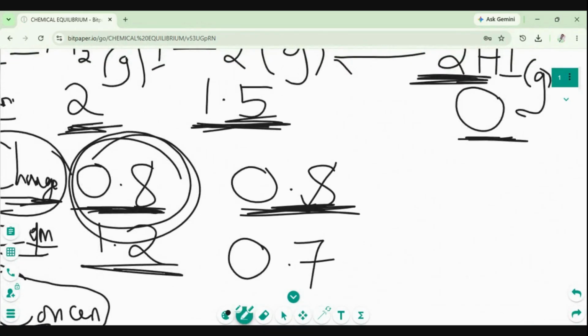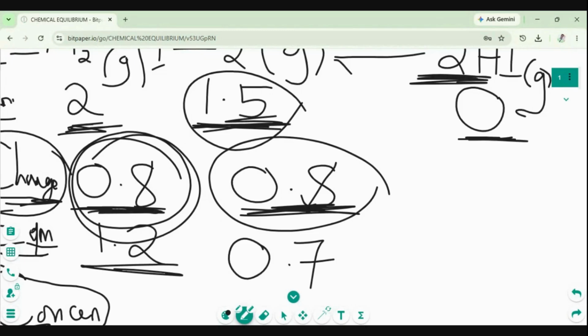I initially had 1.5, I used 0.8, so finally you have remained with 0.7.